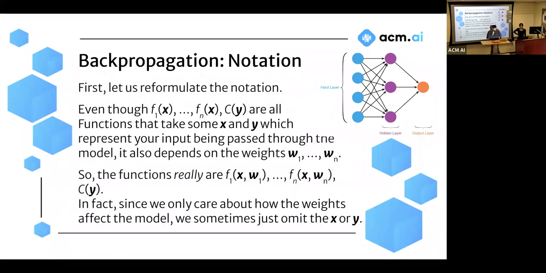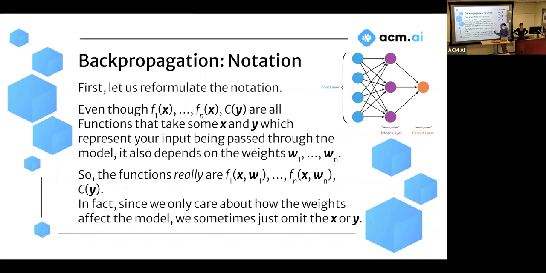So first, what I actually want to do is to reformulate the notation. Even though f1 of x and all the way to our cost function are all functions that take in some inputs and sometimes y, which represent your input being passed through the model, this function itself also depends on your weights, right? Your weights for every single layer.